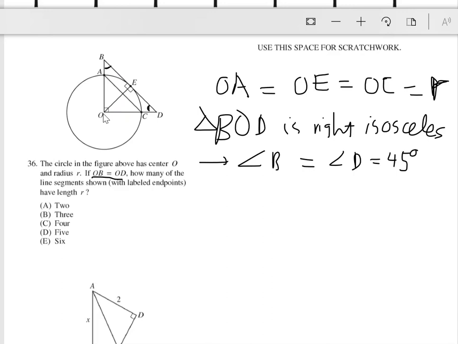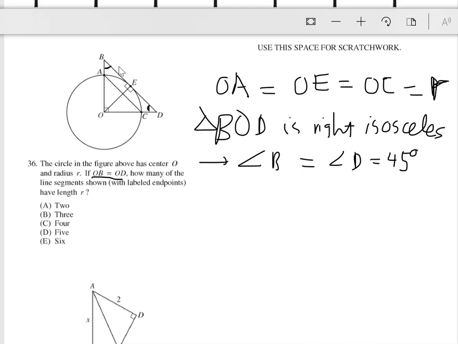We also have the right triangles BOE and DOE. They are congruent to each other, because they share the same edge and the angles are the same. So they must be congruent, right?